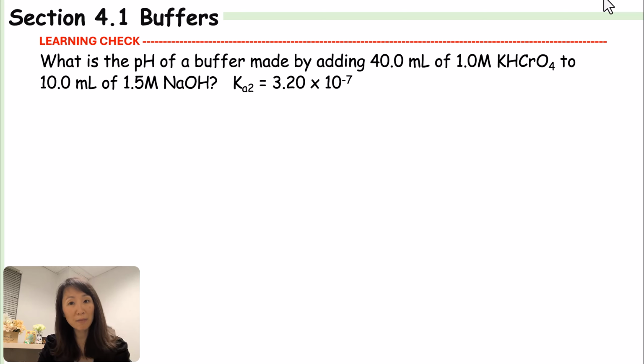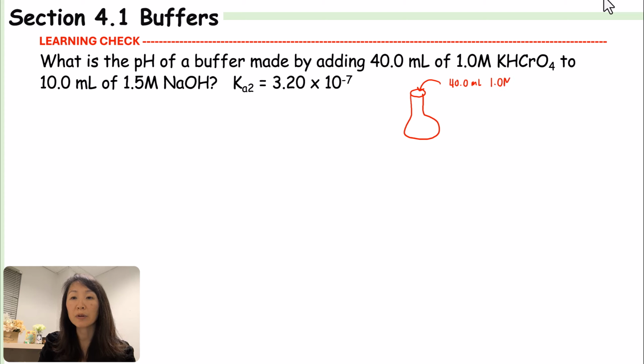So let's draw an image of what's actually happening here. We want to make a buffer solution. Say we have an Erlenmeyer flask, and we're going to add 40.0 mL of potassium chromate, and that concentration is 1.0 molar of KHCrO4.